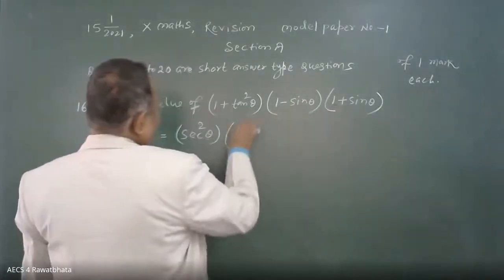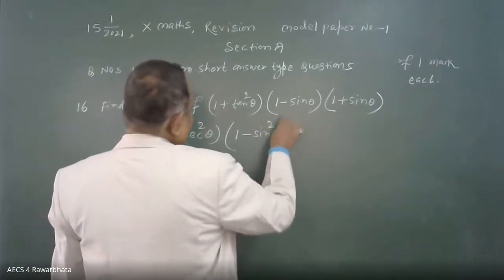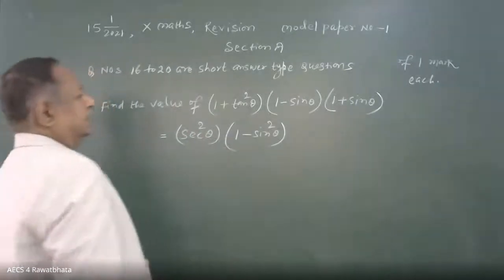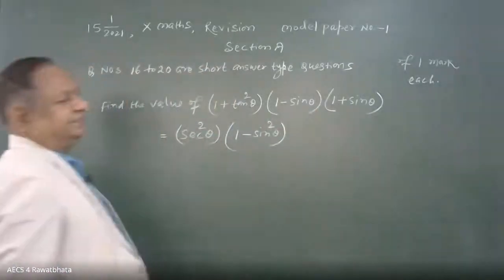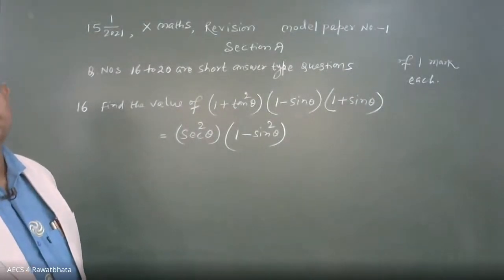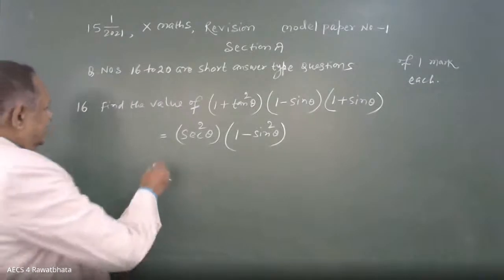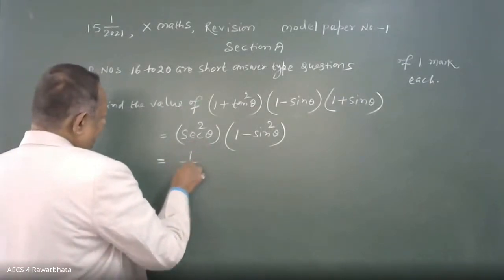This is in the form of identity, A plus B into A minus B. This can be written as sec square theta, that is 1 by cos square theta, into 1 minus sin square theta, cos square theta.